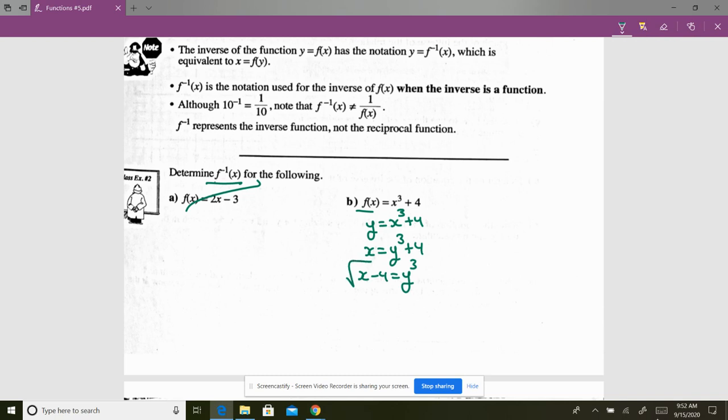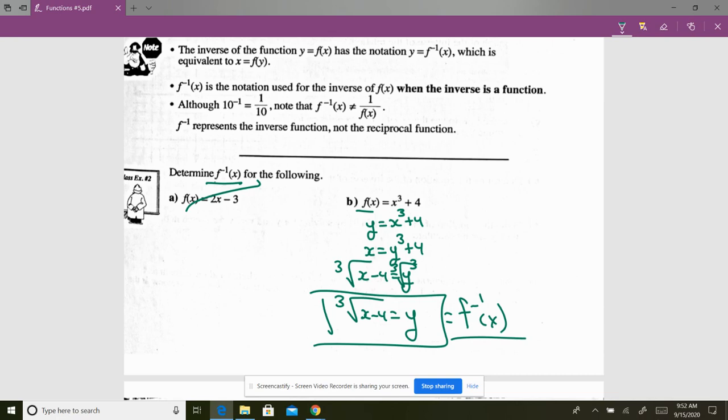So if I cube root both sides, I get the cube root of x minus 4 is equal to y, which is equal to f to the minus 1. That is your inverse. Are we okay?